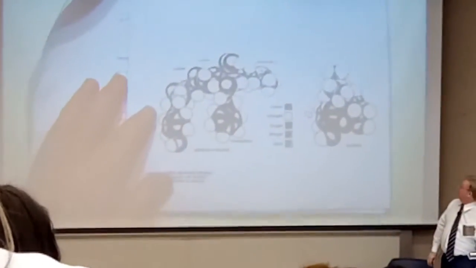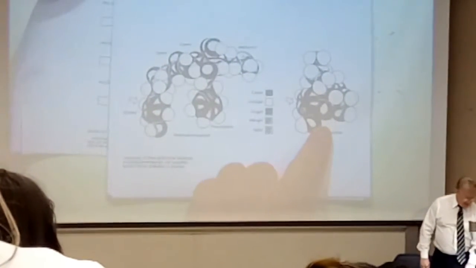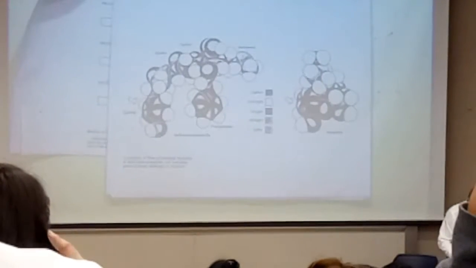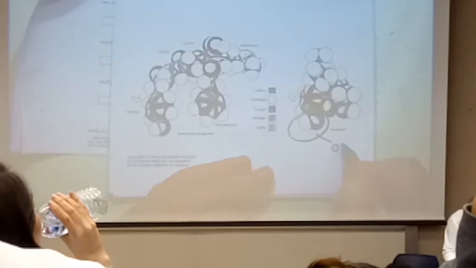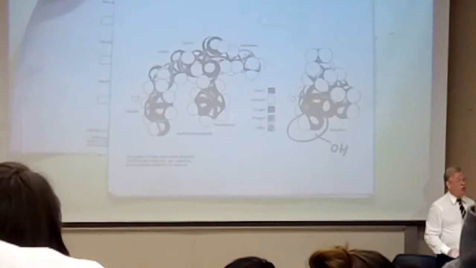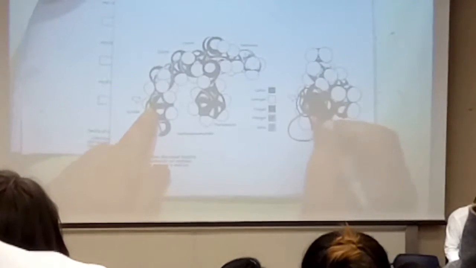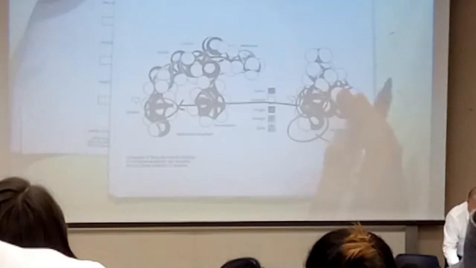This picture is not going to help you much, but what they're showing here is the structure of morphine. And I know you can't see that, but that group is OH right there. And if you slide this thing over, see this group here? Slide it over to there.